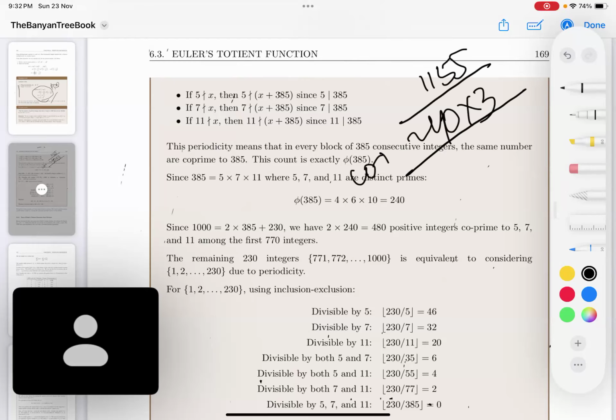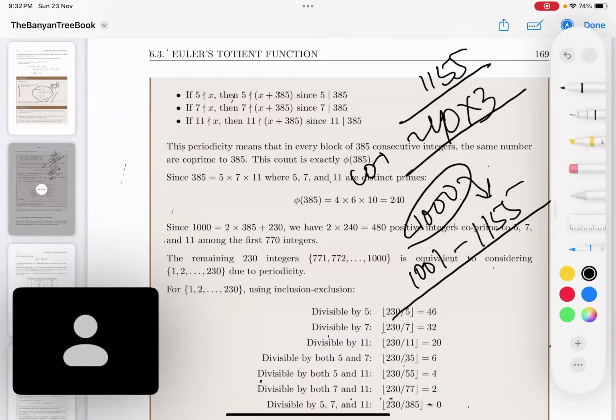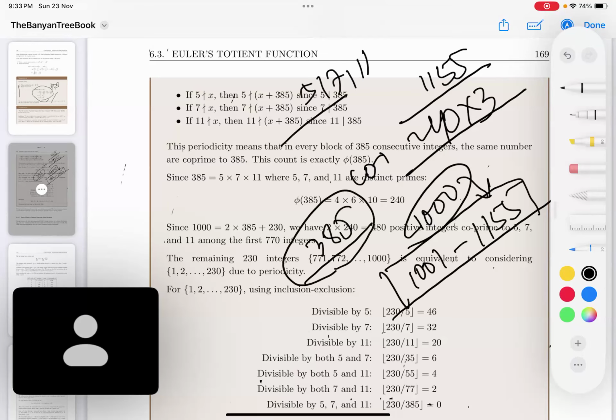But we have to calculate prior to 1000, which means 1001 to 1155 is extra. This is a large number, 385. So we have to subtract the ones which have GCD greater than 1 with 385, which are essentially divisible by 5, 7, or 11.